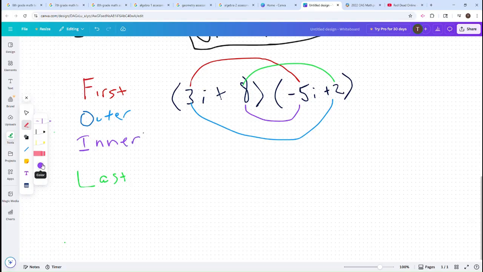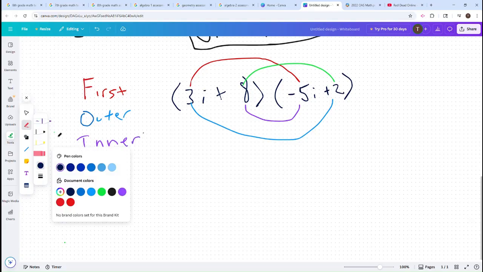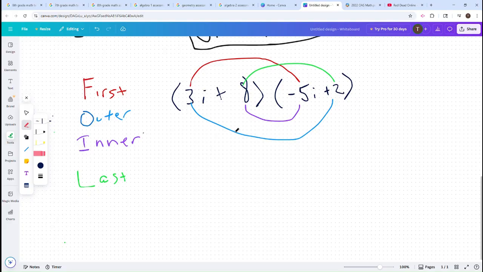Now, let's fade to black here and get on the multiply. So 3i times 5i, that equals 3i times negative 5i, sorry. That equals positive times negative is negative, 3 times 5 is 15, and we have two i's there. When we're multiplying, we just raise it to a power.